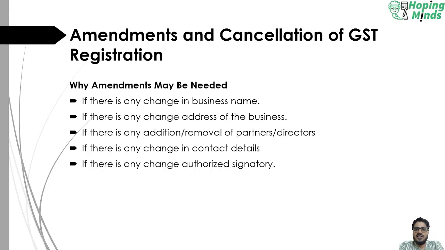If there is any change in contact details, for example email ID or phone number, then GST registration needs to be amended. And the last one is if there is any change in the authorized signatory. If a business has appointed an authorized signatory and there is any change in such authorized signatory, then a GST amendment must be done.